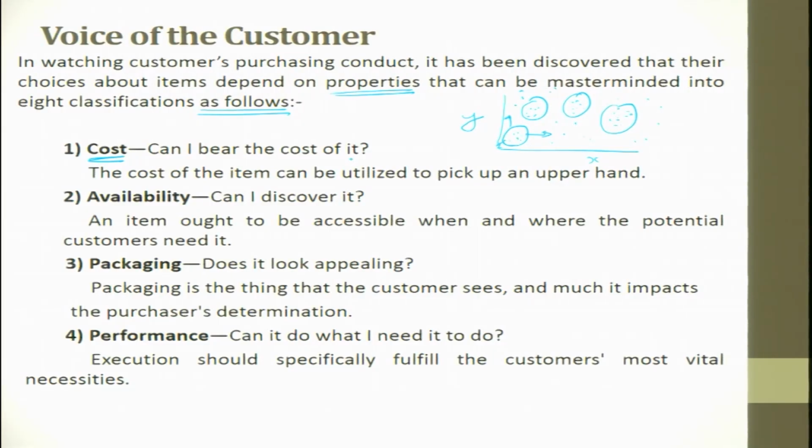What we do is, can I bear the cost is one, but what is the utility of the cost I get? So both questions are answered by the cost. The cost of the item can be utilized to pick up an upper hand. Generally, people always look for cost.